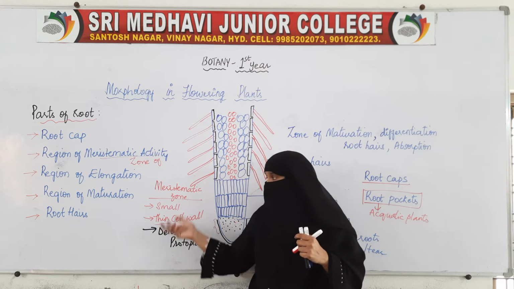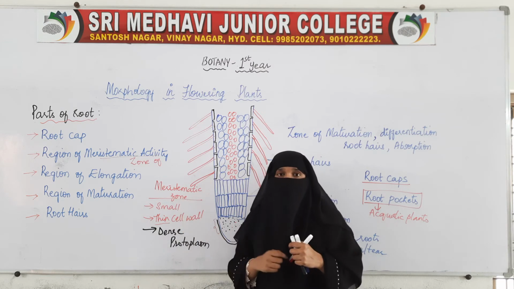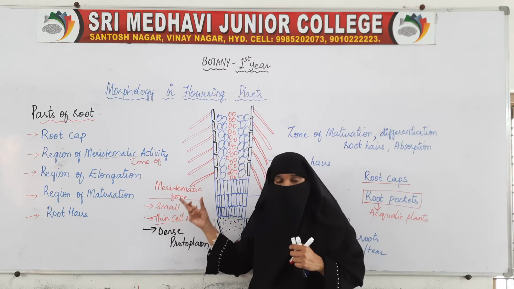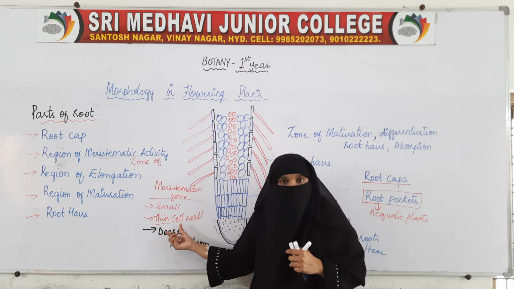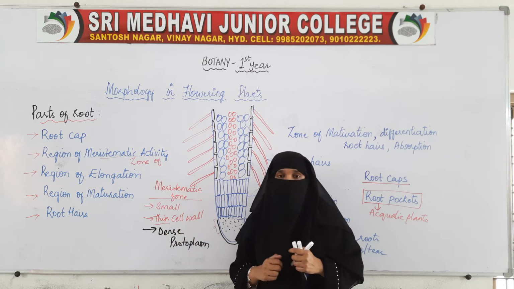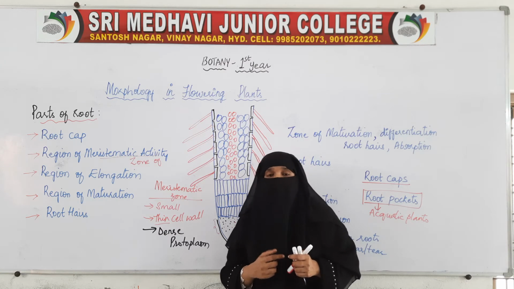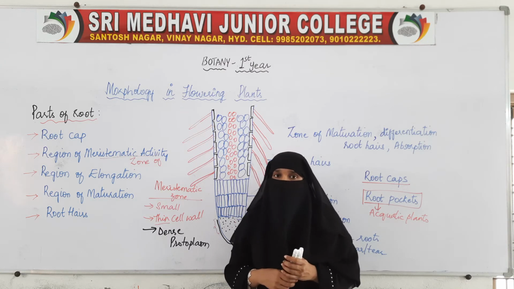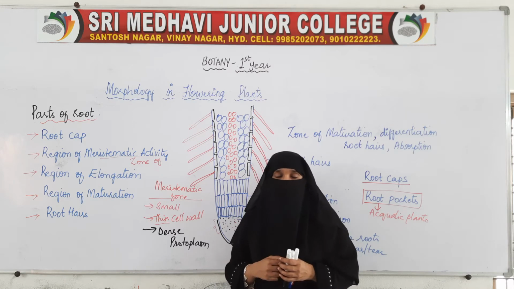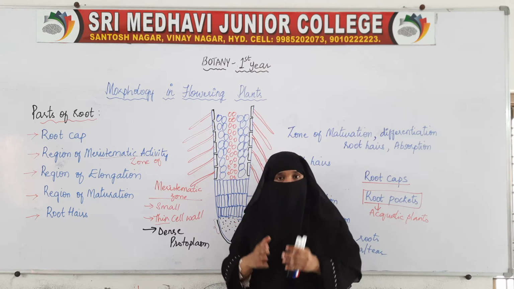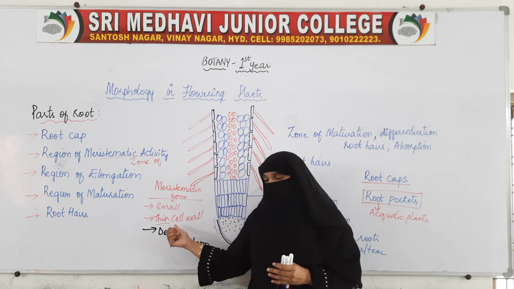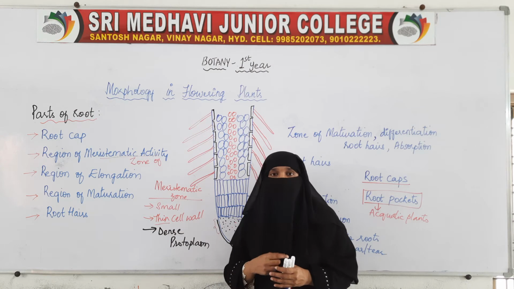So that is why the cells which are present in the meristematic region are small cells, smaller in size. They have thin cell wall and they have dense protoplasm, which consists of all the nutrients and food, by taking which the cell will be rapidly dividing, and this thin cell wall will also help by giving flexibility.